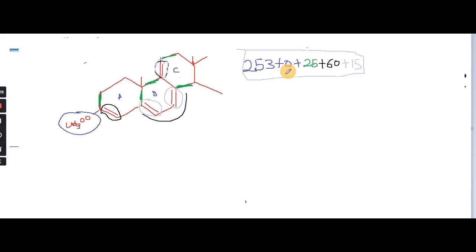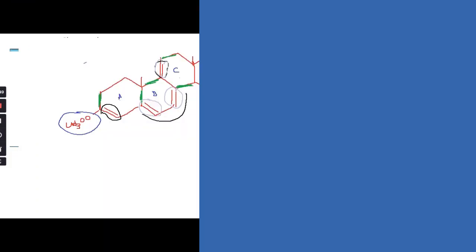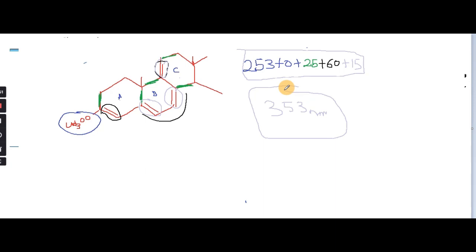So a total of 353 nanometer wavelength is going to be absorbed by this compound. So that's how you can calculate the maximum wavelength, or lambda max, of absorption of a conjugated diene, as proposed by Woodward and Fieser.